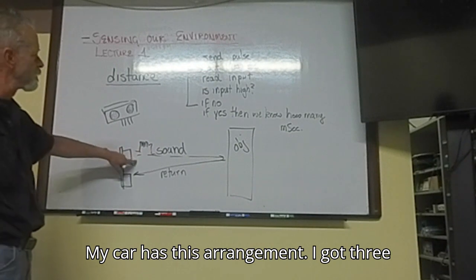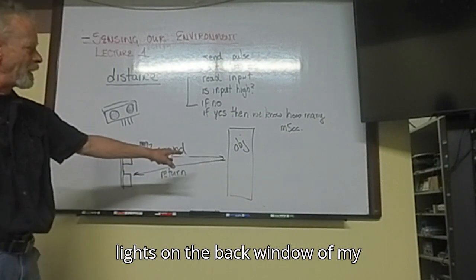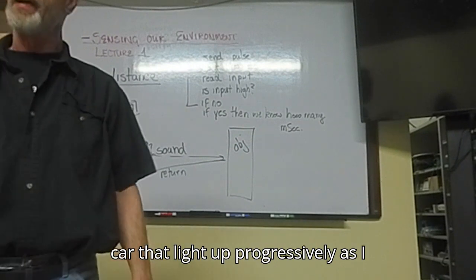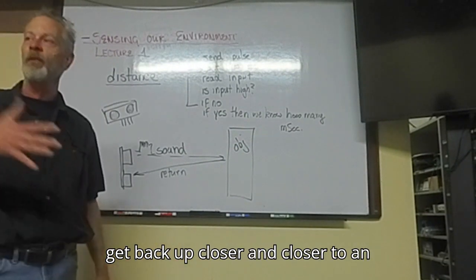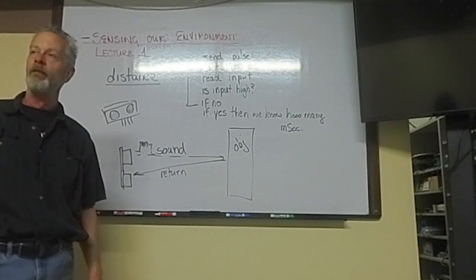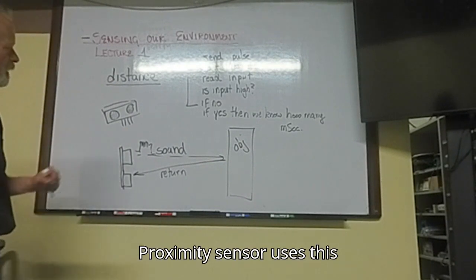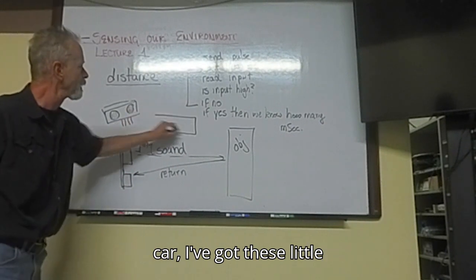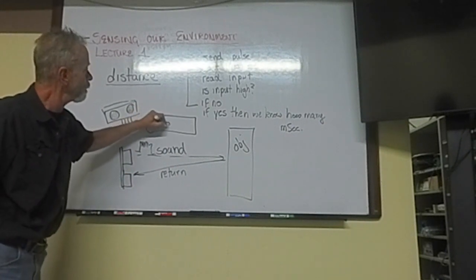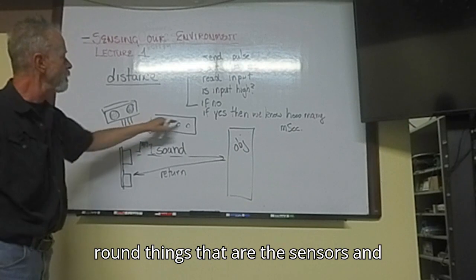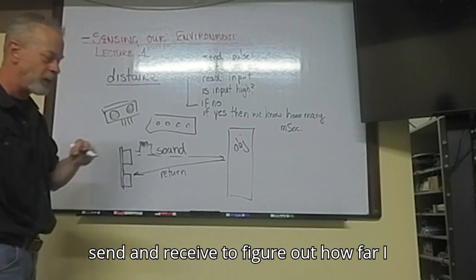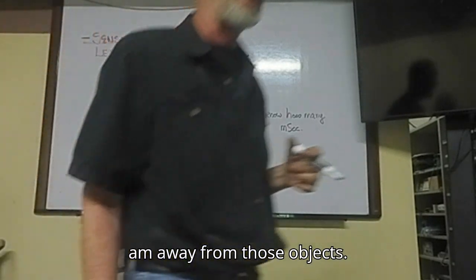I got 3 lights on the back window of my car that light up progressively as I back up closer and closer to an object. A proximity sensor uses this same thing. On the bumper of my car, I've got these little round things that are the sensors, and they send and receive, figuring out how far I am away from those objects.